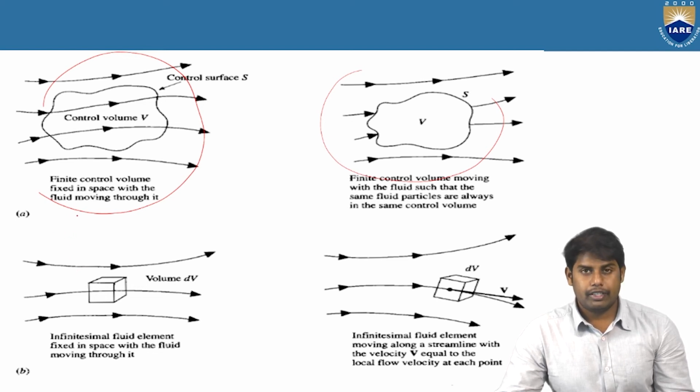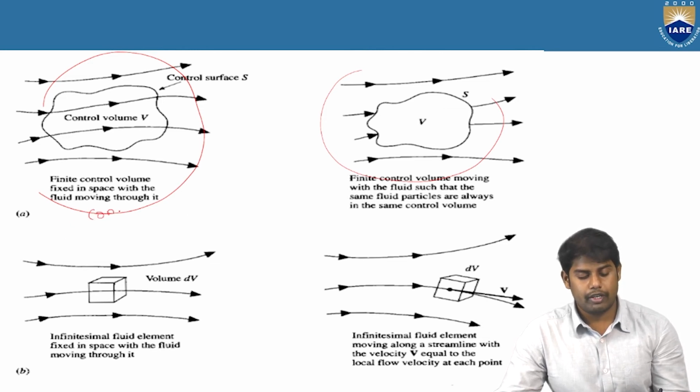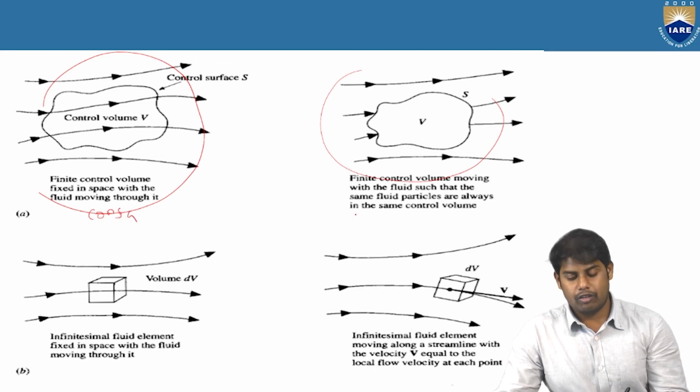The meaning is that the control volume will have a velocity equivalent to the fluid. So when we derive the equations for a control volume fixed in space and for a control volume moving in space, there are differences. Here you derive the conservative form of governing equations, and here the non-conservative form.